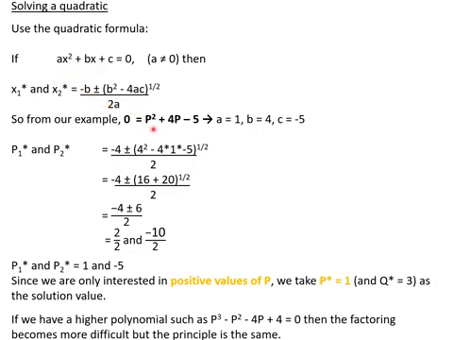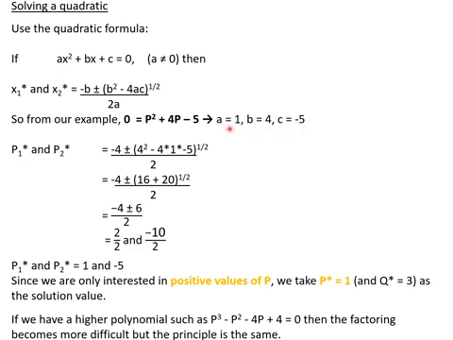In our example, we have our quadratic equation where we're trying to calculate solution values for p. a is the coefficient on p squared, so it's 1. b is the coefficient on p, so it's plus 4, and c is this final term here, which is minus 5.